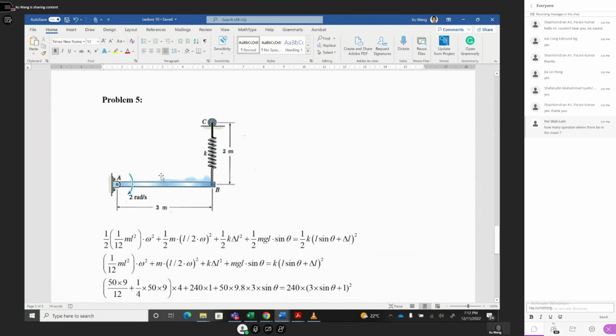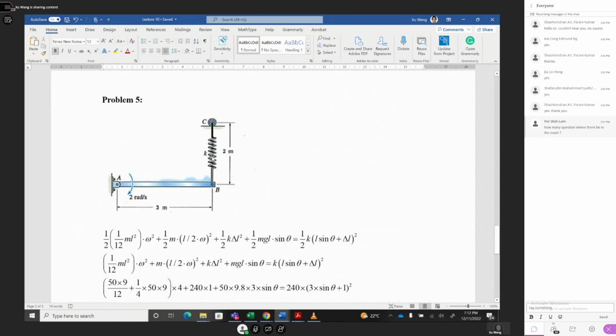And then this is the whole bar rotation along the center of gravity. Another one, the center of gravity, how does it move? The center of gravity velocity equals half of the length multiplied by omega. So half length multiplied by omega is the center of gravity velocity. I multiply the mass and the velocity square. This is the center of gravity kinetic energy, plus the rotation kinetic energy. And this is the total bar kinetic energy.